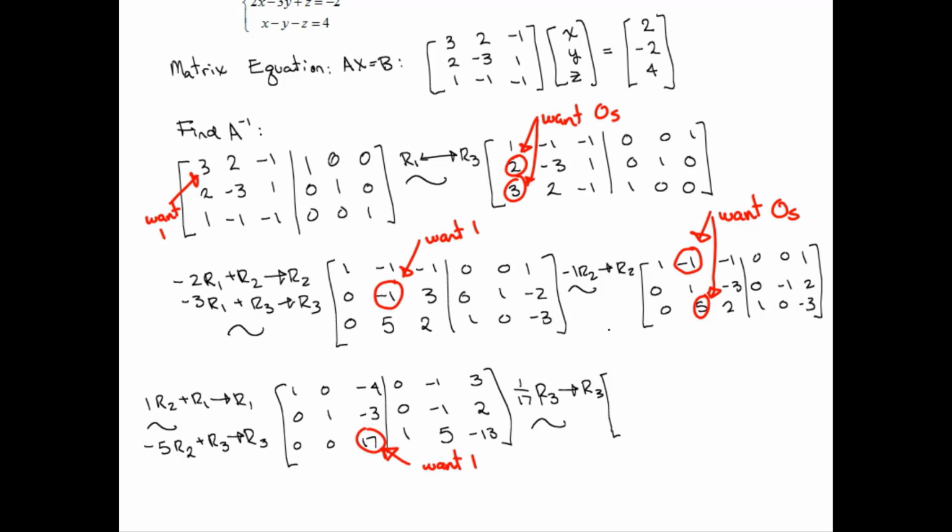So my top 2 rows stay exactly the same. And then here I'm going to have 1/17, 5/17, and -13/17 down there. So now we need to get our zeros. We're almost there.